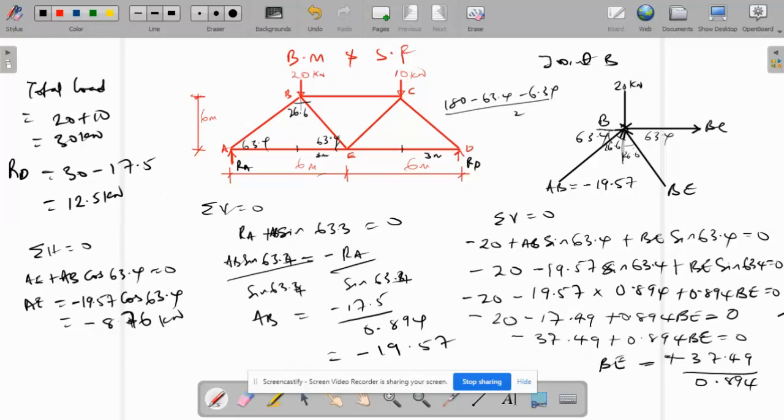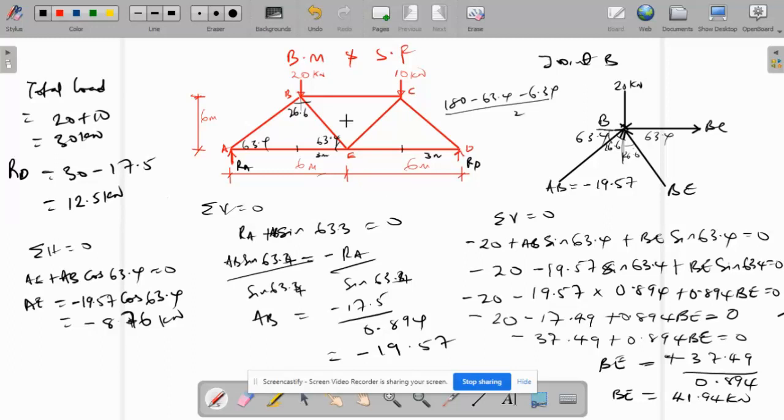So BE is equal to 37.49 divided by 0.894. This will give us 41.94 kilonewton. That's our value for BE.